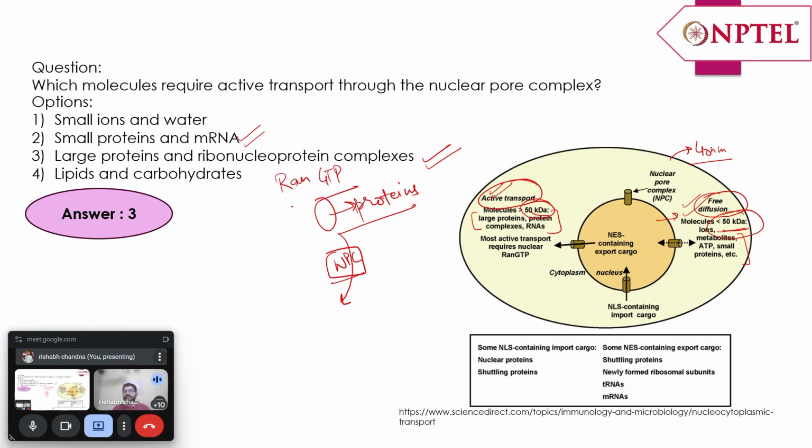It is a G protein, so it is bound with GTP. Once it binds to the protein that needs to be transported through the nuclear pore complex, this GTP is converted to GDP. Because the GTP conversion to GDP takes place, it is an energy consuming process, and this leads to the active transport.